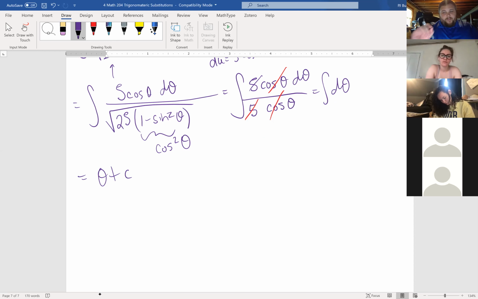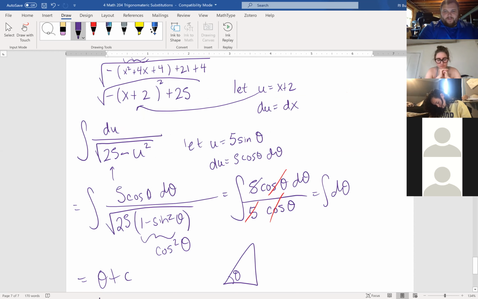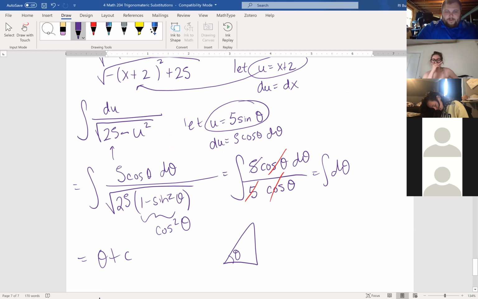Now I have a single theta there. That means that's the only time I'm allowed to use the inverse trig function. I need my triangle. I also need to use the relationships that I've created and get rid of u. Right, I don't need u. So I have that 5 sine of theta is equal to x plus 2.